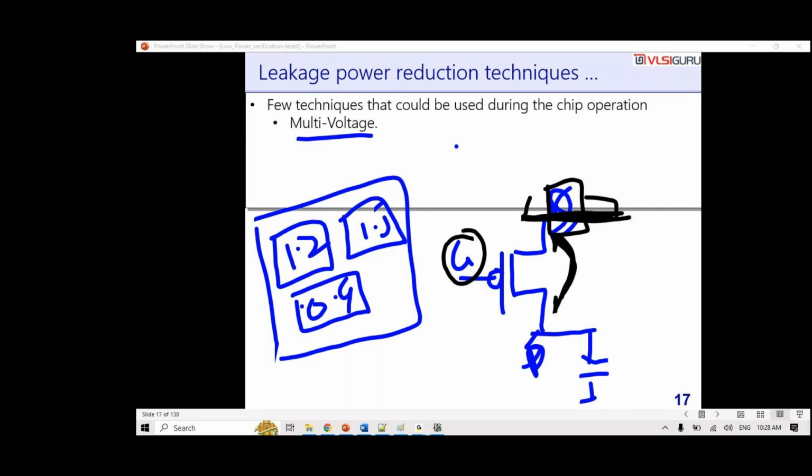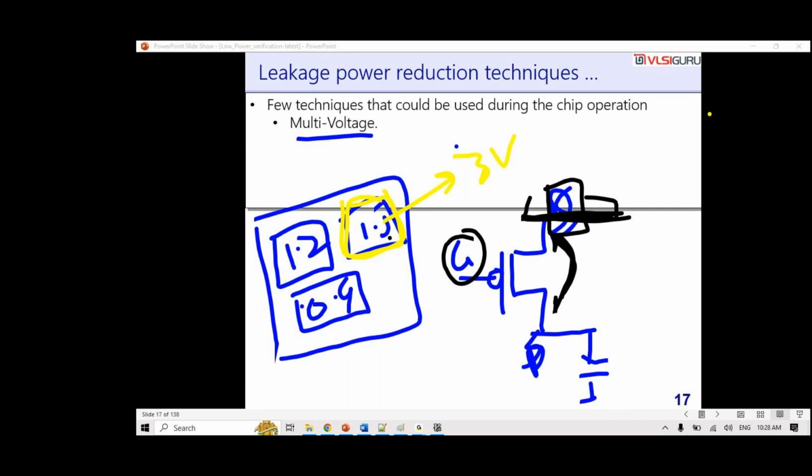But you can design your circuit in such a way that some part of the logic will be able to support a higher drain to source voltage. Let's say 1.5 volts; it doesn't mean that if I make it 3 volts, it is going to impact the performance significantly, because that block is optimized to work at 1.5 volts.